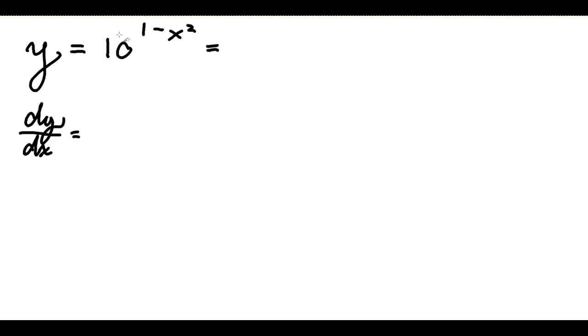So let's focus in on this 10 and think about a way that we could maybe write that as e to a power. Well, that would be e raised to the power of the natural log of 10, right? E raised to the power of the natural log of 10 would simplify down to just 10. So what I have in parentheses here is just equal to 10, so we have that thing to the power of 1 minus x squared.